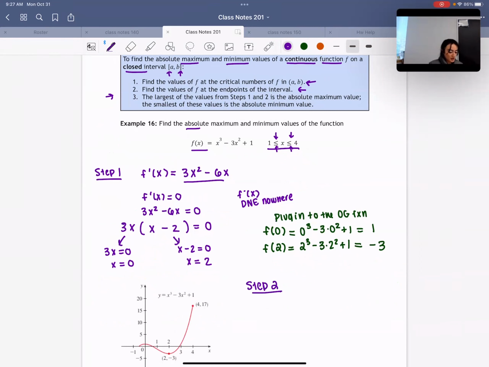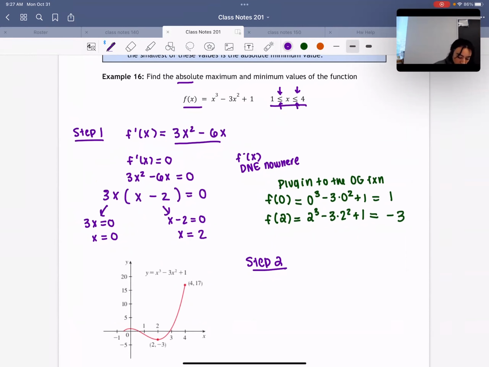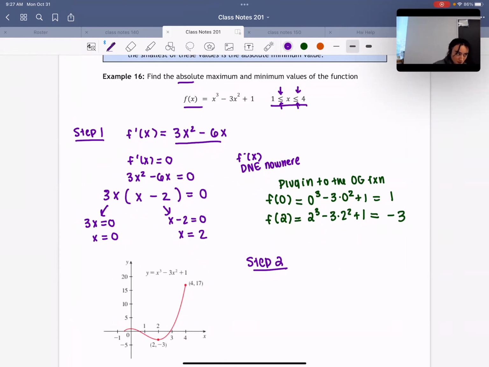Okay. Step 2 says we have to find the values of f at the endpoints. Okay. By the way, has anyone noticed that I did something a little bit weird here? All right, let's keep going. It says to plug in the endpoints into my original function. My endpoints are 1 and 4.